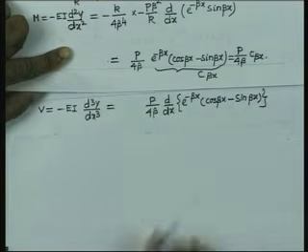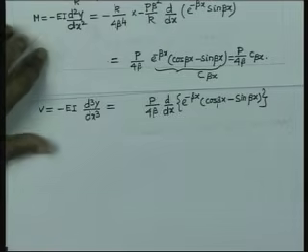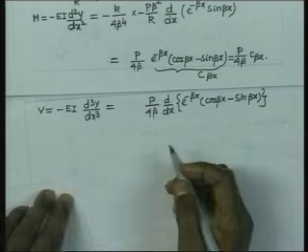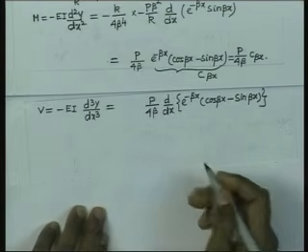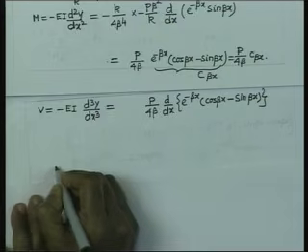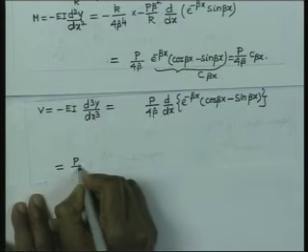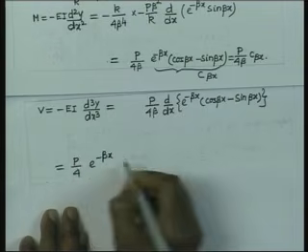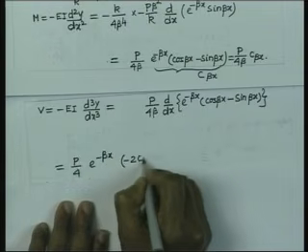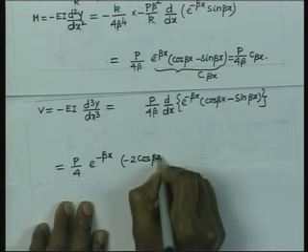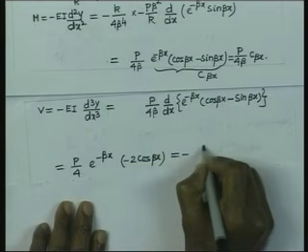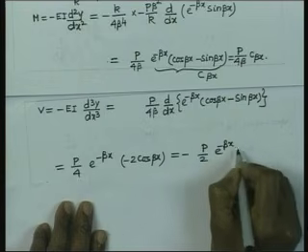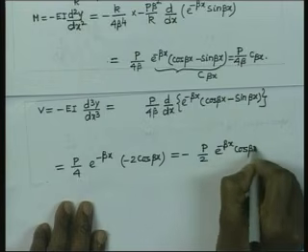This is again a routine function which you can easily differentiate, and finally what you get out of it is p by 4 e to the power minus beta x into minus twice cos beta x, which is equal to minus p by 2 e to the power minus beta x cosine beta x.